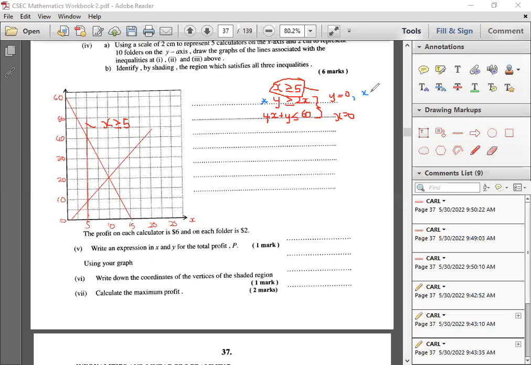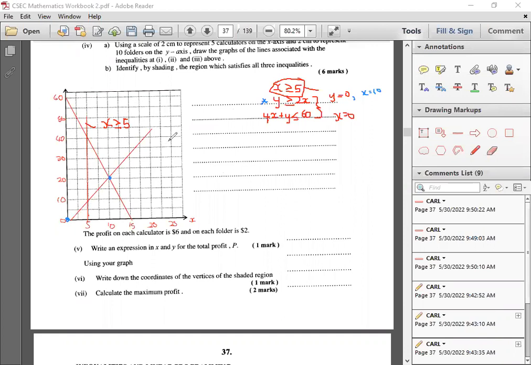When x equals 10, y is going to equal 20, and then you plot them. When x equals 0, y equals 0. When x equals 10, y is equal to 20. And you draw a straight line through.